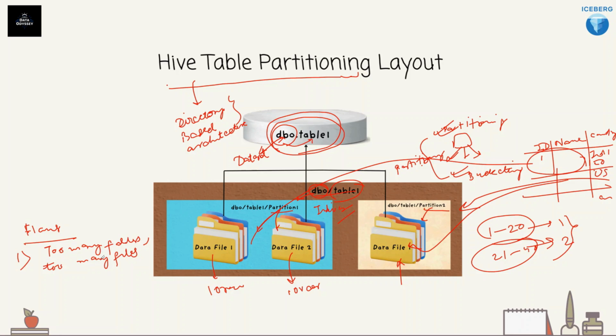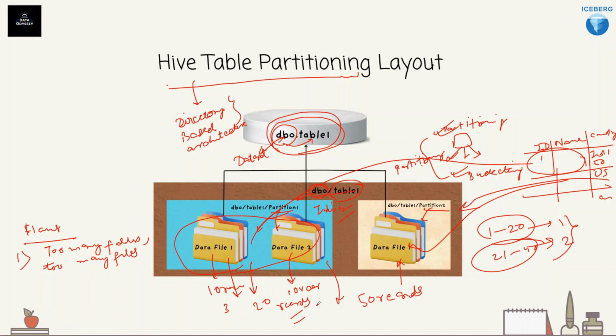Now, what do I mean by small files? Suppose this particular entire partition can hold maybe around 50 records. Now within India you have only 20 records. When you add up all the records of both of these data files, there are only 20 records. But partition 1 can actually handle 50 records.